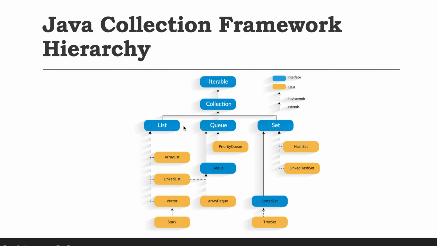The blue color represents interfaces, and the yellow color represents classes. The first interface available inside the collection hierarchy is Iterable, and then Iterable is extended by the Collection interface. This Collection interface contains lots of methods, and all those methods will be automatically available in all kinds of collections, like List, Queue, Set. These all perform similar kinds of operations but in a different manner.